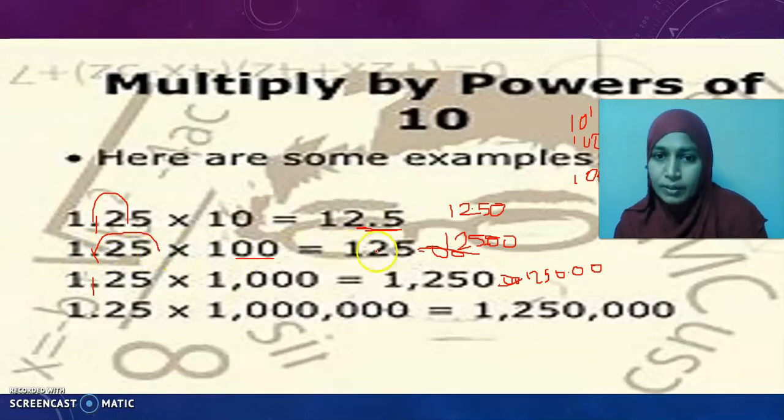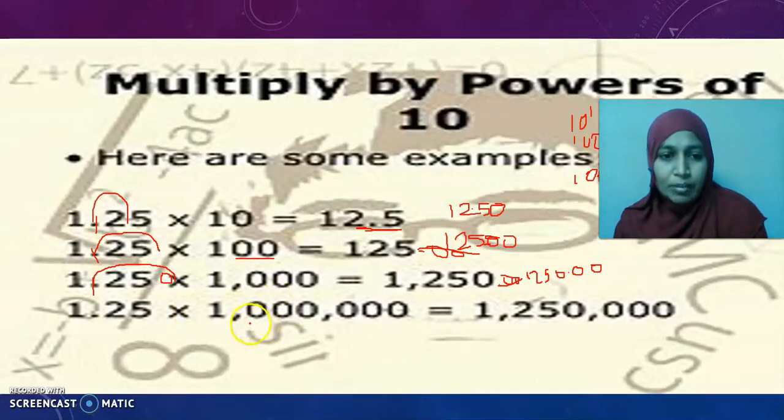If I have 3 zeros, it shifts 3 places. So in between I will have 1 zero, so I got 1250. Is it clear? As many zeros as I have, that many places it shifts if I multiply by powers of 10.